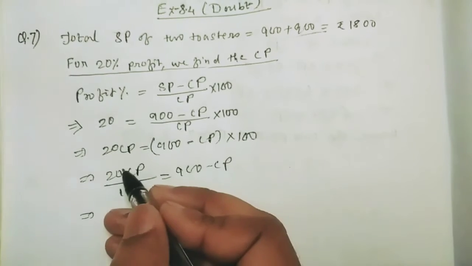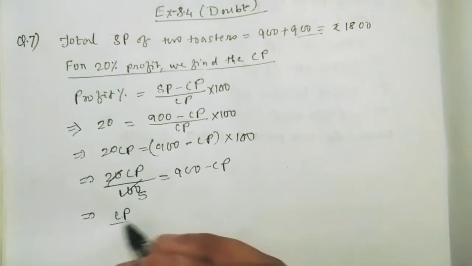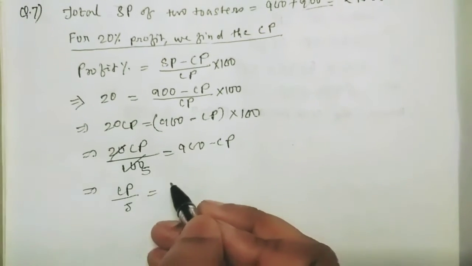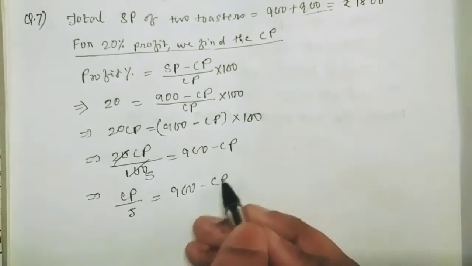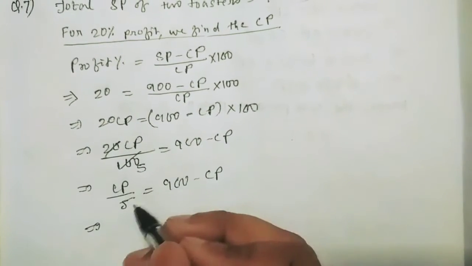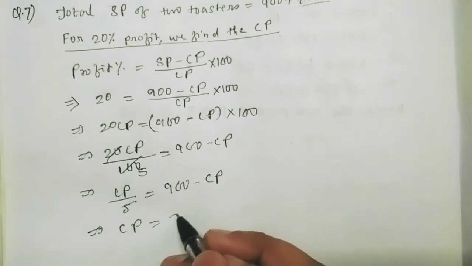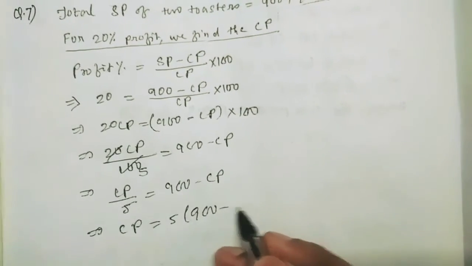Now 20 and 100 will cut, it is 5. So CP by 5 equal to 900 minus CP. So what do we do now? We'll cross multiply.